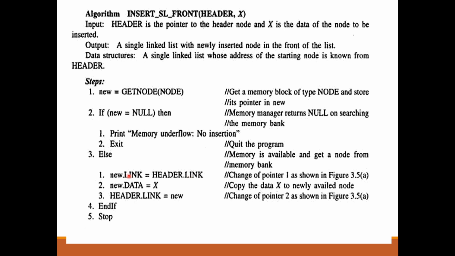Then new.data, the data part of the new node, will store the data that we have to insert, suppose it is x. Then the connection is established between the new node and the current node. Then we have to establish a connection between the header node and the new node. That is done by header.link is equal to new.